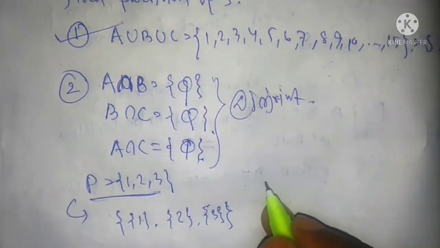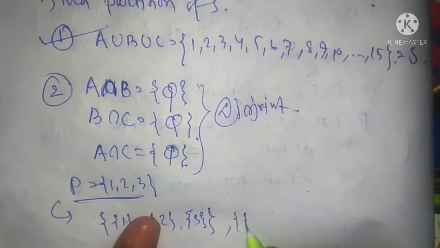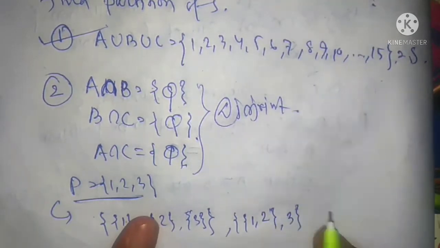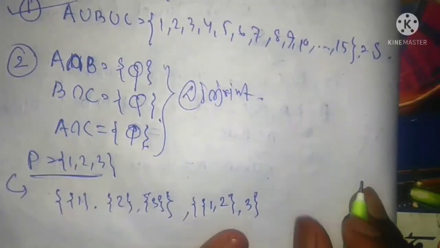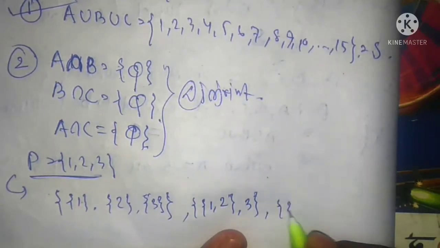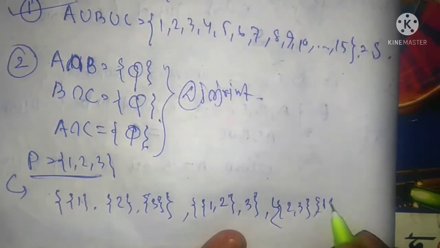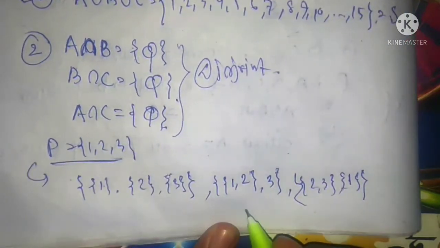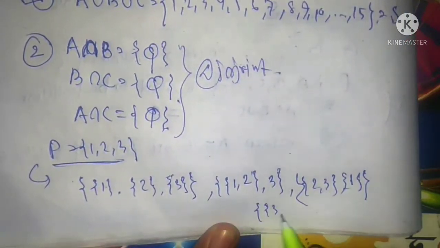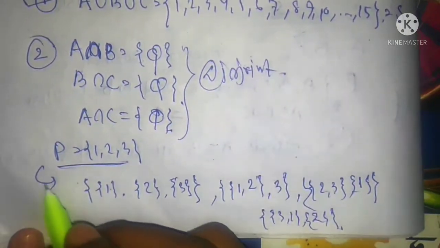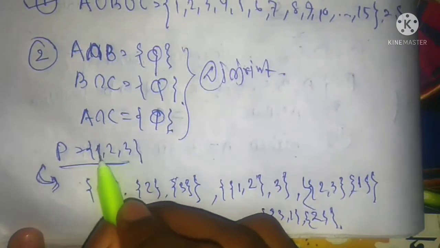The second partition is {1, 2}, {3}. Third partition is {2, 3}, {1}, and the last partition is {3, 1}, {2}. These are the partitions of {1, 2, 3}.